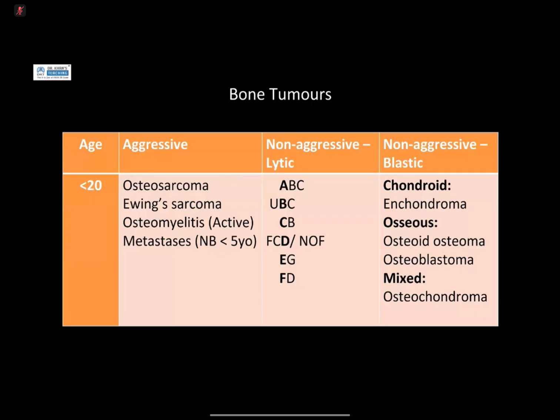So if any of your cases do appear to be an aggressive lesion, you've got your differentials, non-aggressive and lytic. And I'm sure you all know of that A, B, C, D, E, F. So we've got the nice mnemonic there to help you think of your differentials, and then some examples of non-aggressive and blastic conditions there.